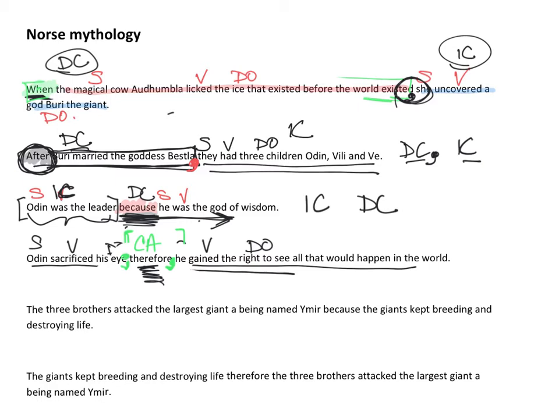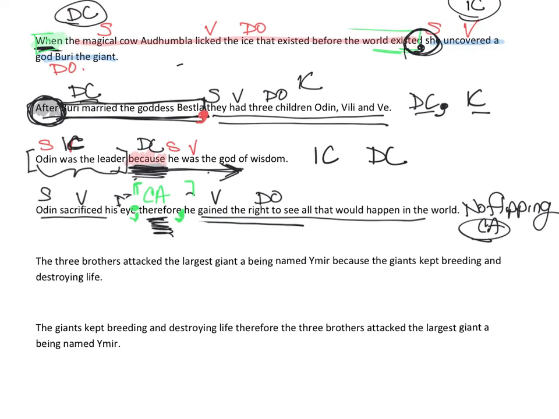And we talked about the fact you've got to be careful to not judge things based on how long it is, because these are similar in length, but their function is different. This cannot flip. No flipping here. And because there's no flipping, that's what tells you you're looking at a conjunctive adverb. And so you have to go into the conjunctive adverb rules. Now, that's also significant because when you have a conjunctive adverb, it means these two ideas are equally important.